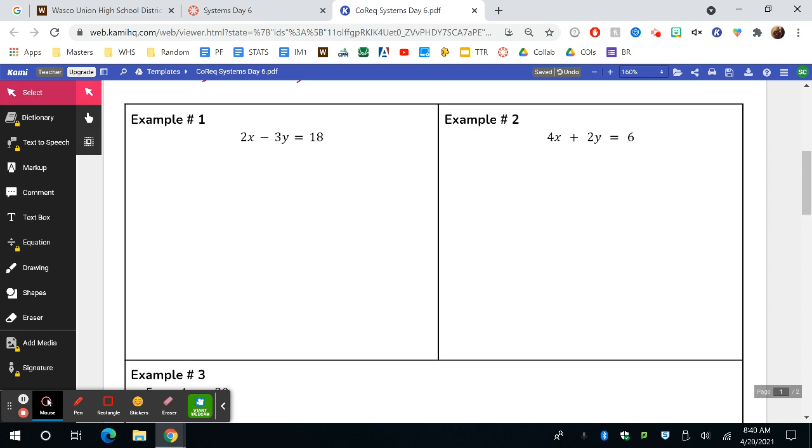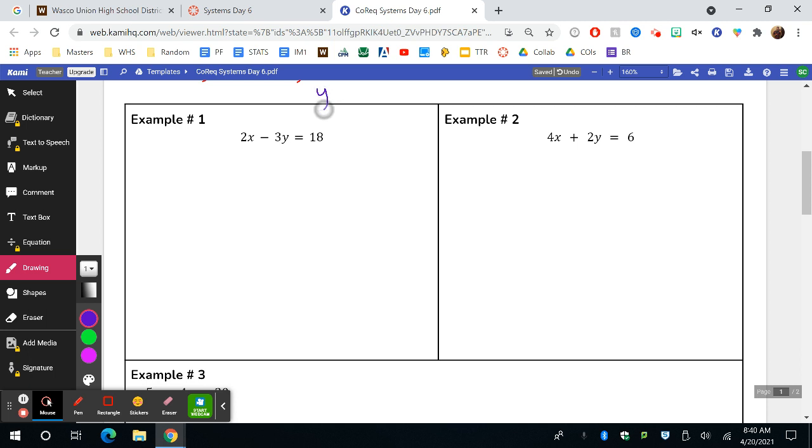Okay, so again, our goal is to take this equation in standard form and write it in slope-intercept form. So we want it to look like this: y is equal to mx plus b. Okay, that's what we want to do with this. So on this we're going to get the y by itself.